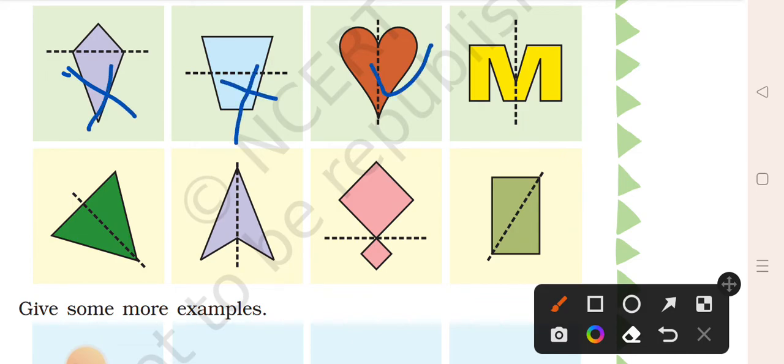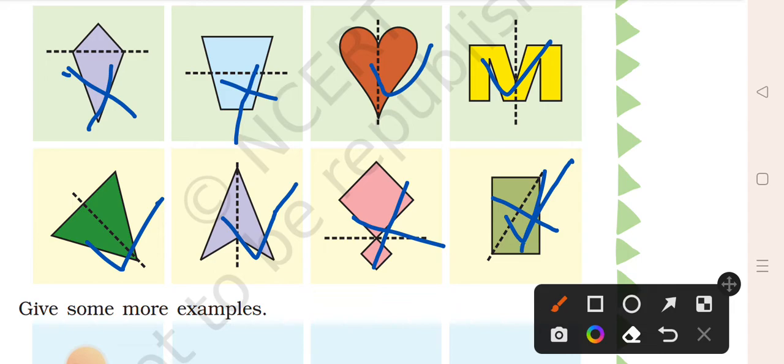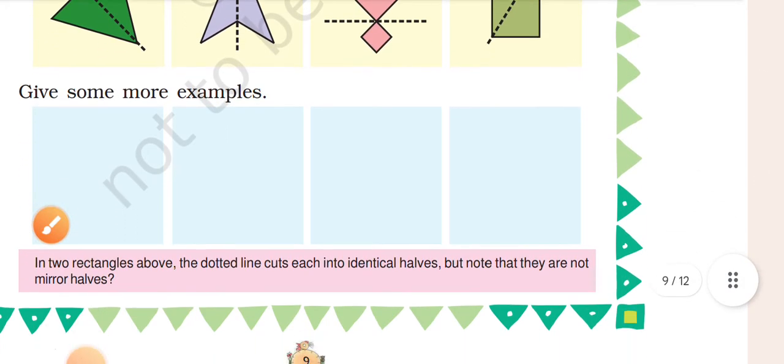It also does not. It also has. It does not. It has. No, it does not have. Sorry, I don't know. This is a half picture.